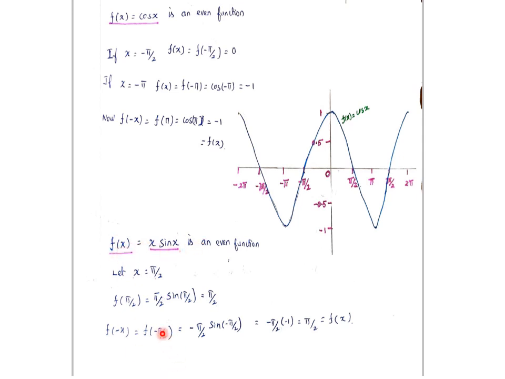Therefore, f of minus pi by 2 equal to minus pi by 2 into sin of minus pi by 2, which is minus 1, which is equal to pi by 2. Therefore, this is equivalent to f of pi by 2, that is, f of x. Now, f of minus x is equal to f of x. Therefore, x into sin x is an example for even function.